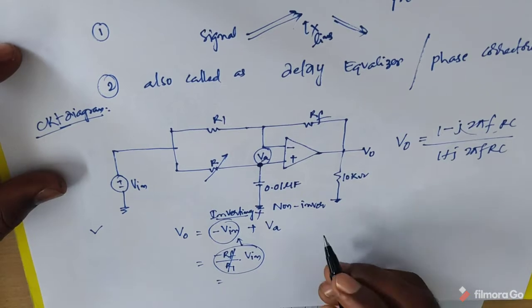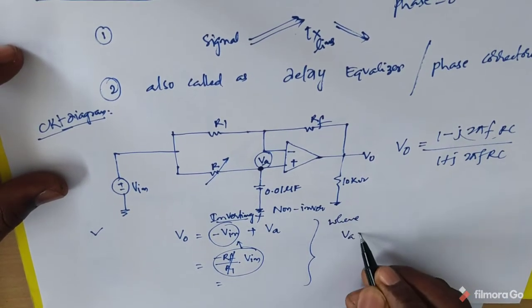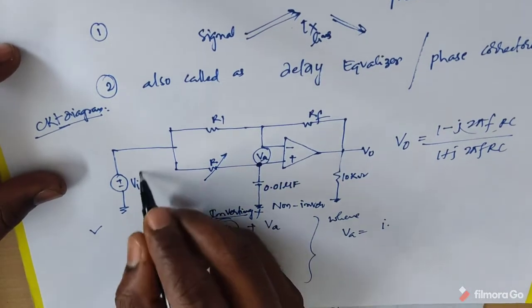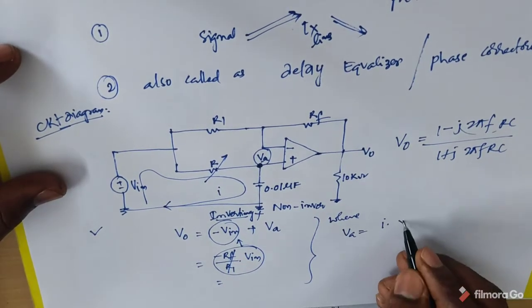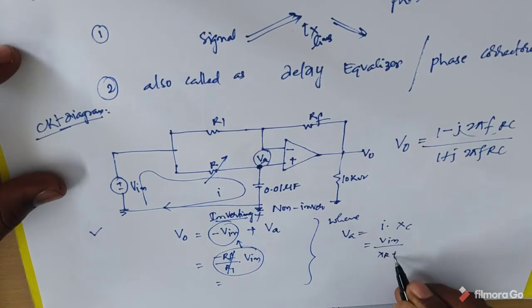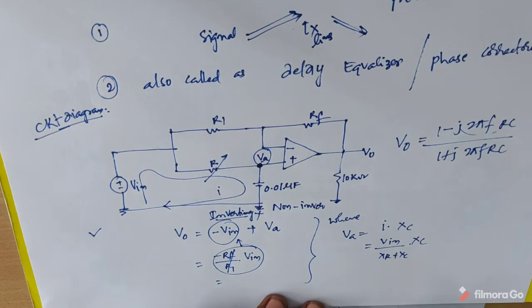Now how can you calculate the Va value? Va is equal to the voltage drop across the capacitor. Some current I is passing, with both connected to ground. I into Xc, where I is equal to Vin by (Xr plus Xc), into Xc. Like that you can get the final value.